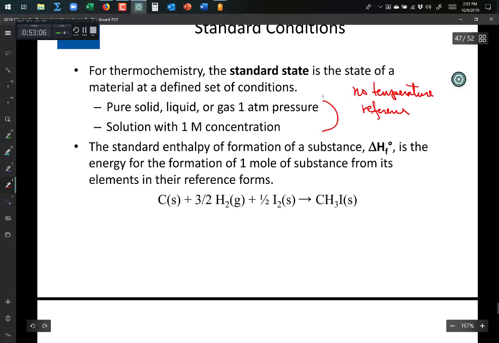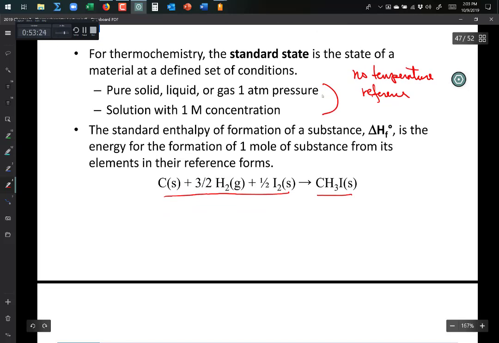And then the standard enthalpy of formation is for these substances at their standard states to form 1 mole of a substance at its standard state. So the reference forms are combined at standard states to form the product at standard state. So I said oxygen's reference form is O2, and it's a gas. Why do you think we use that?